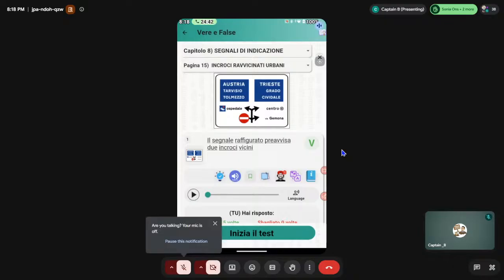This road, let me tell you. This is called senso vietato. One way forbidden. People can come out from this road, but nobody can enter. So if you see it on the road, you can't use a bicycle to enter. Normally no vehicle is allowed to enter the road.